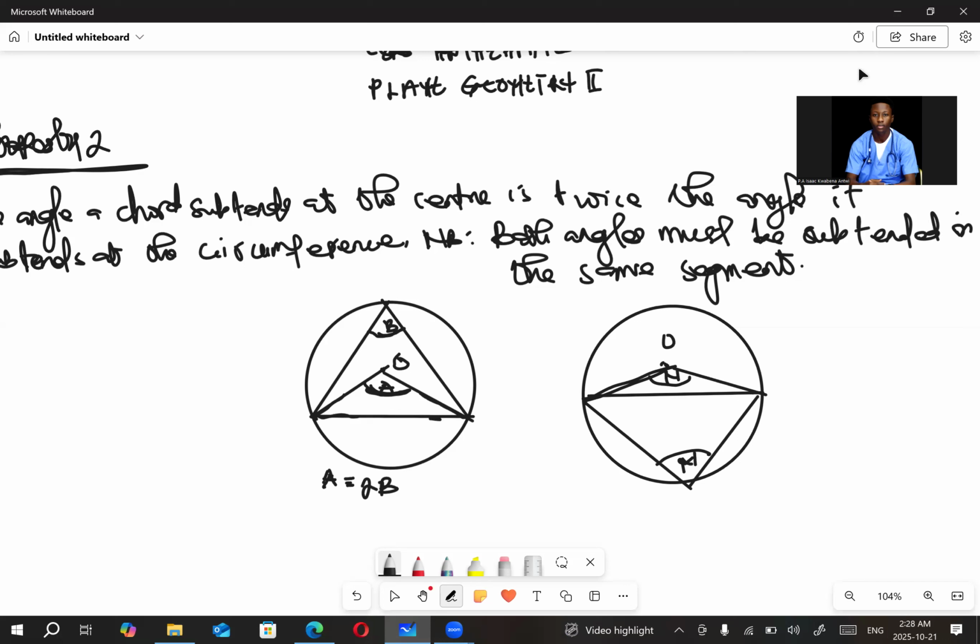So here, of course, this chord MN subtended the angle N, right? This same chord subtended the angle M. Do you agree with me? Where is N subtended?